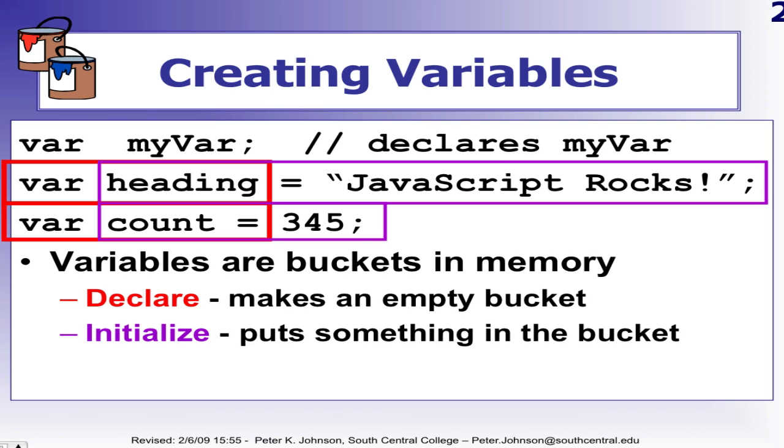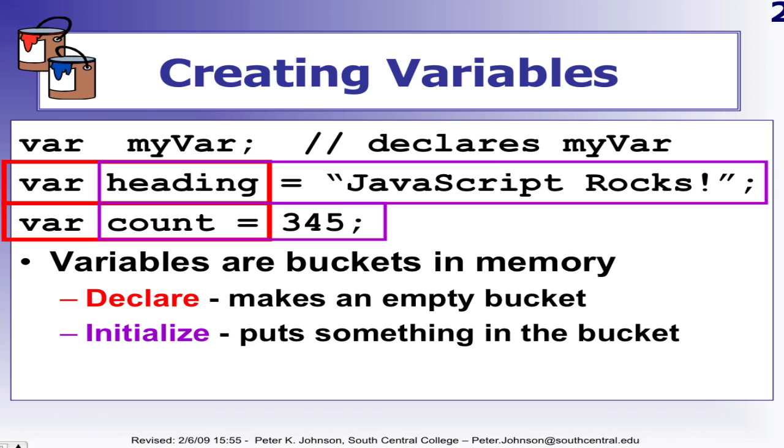They're just empty variables. So we also want to initialize the variables, and that's what I have outlined in purple. You can see that we've assigned the string, and you know it's a string because it has double quotes around it. The words JavaScript rocks are being assigned to the variable heading.